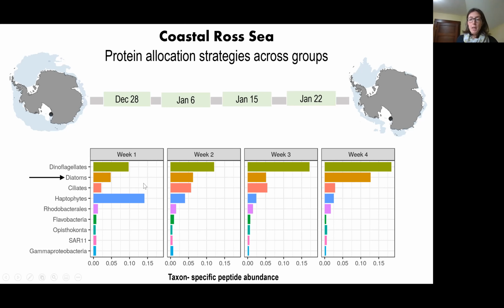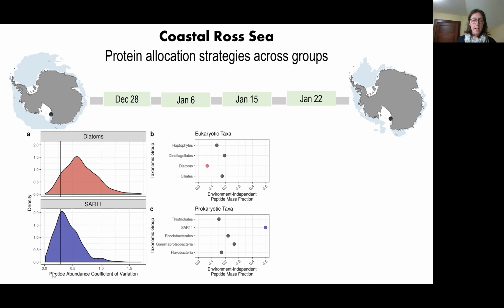So what I want to do now is compare the response of diatoms to the response of SAR11 in terms of which portion of their proteome is changing in response to changing environment here across our time series. So that's what I'm showing you here. We've assigned each peptide from these two groups a coefficient of variation.